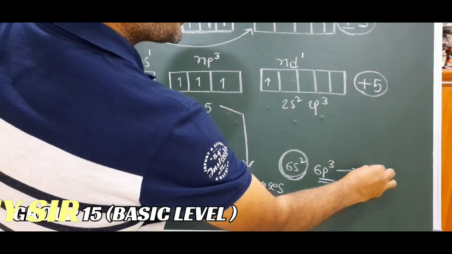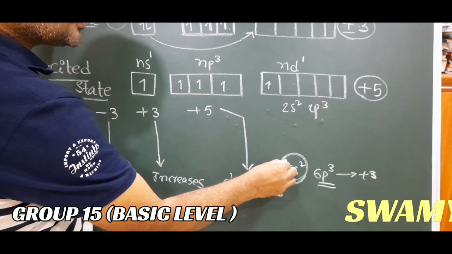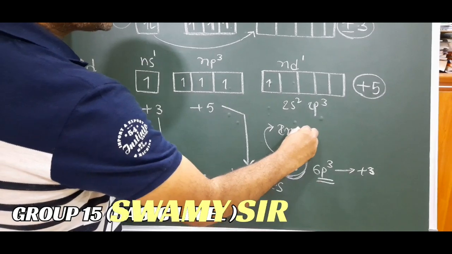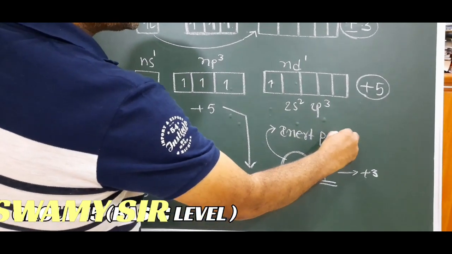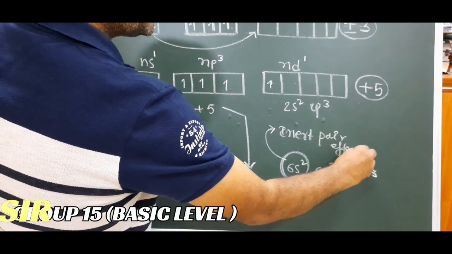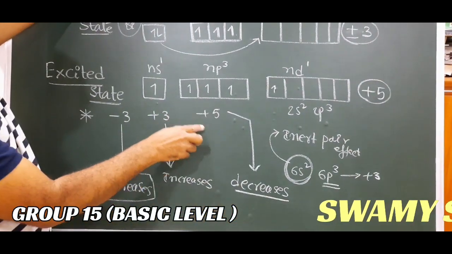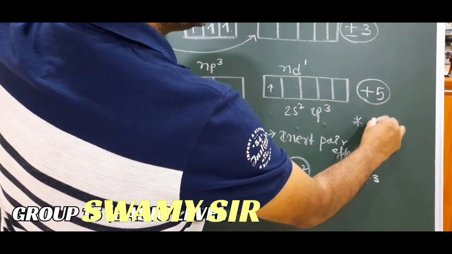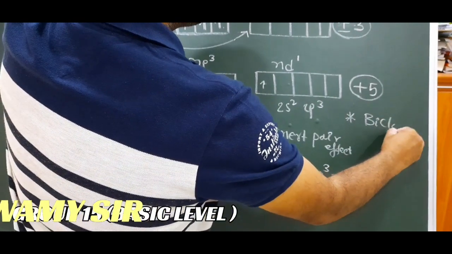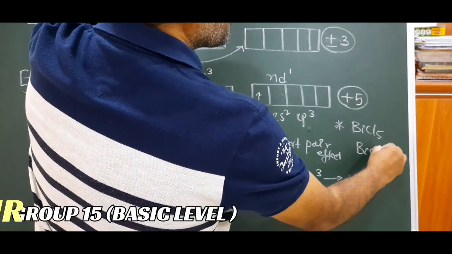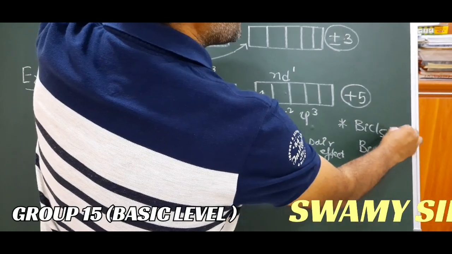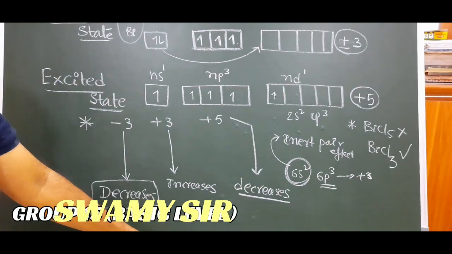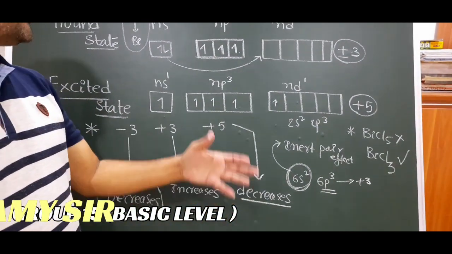That means the +5 oxidation state is not possible due to the inertness of the electron pair. That is called the inert pair effect. Because of the inert pair effect, +5 oxidation state stability decreases. So a very important question: will BiCl5 exist or BiCl3? BiCl5 will not exist. BiCl3 will exist due to the inert pair effect. Right, students?